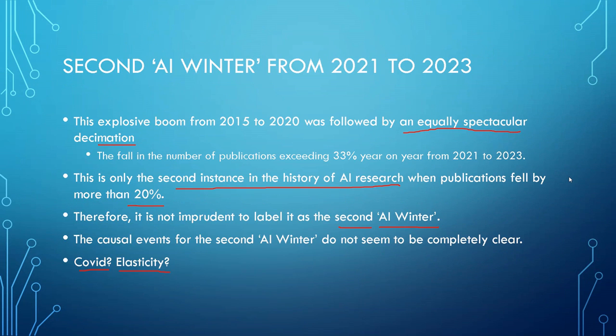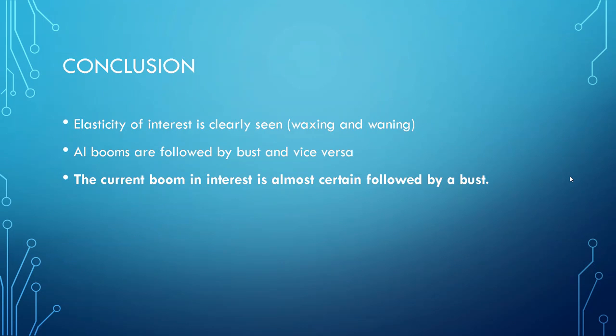But from the history, this Gen AI boom, everybody is predicting it, right? Everybody is talking about it. It is talked about in the media, in academia, and in industry. But what more conclusion can we draw from this study? The important conclusion that we can draw from this study is that AI booms are followed by busts and vice versa.